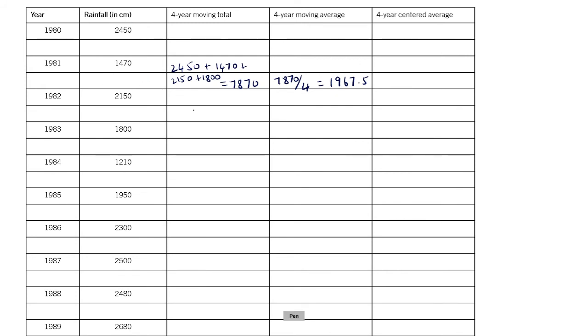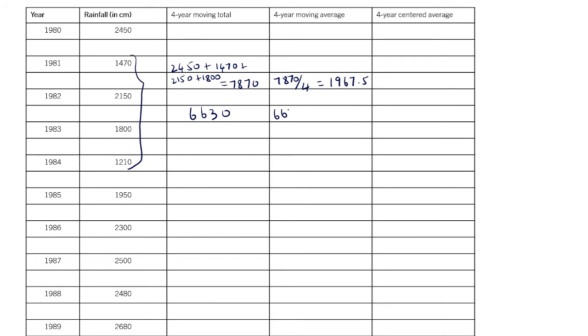And now to find the next 4-year moving total, let us add these 4. So 1470 plus 2150 plus 1800 plus 1210. When we add all these, we get 6630.